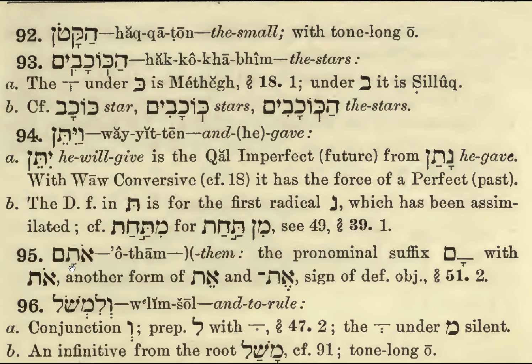Otam, o open, tam closed. It means them, the pronominal suffix am added to ot. This ot is another form of it, which we had at the very beginning. It's the pointer of a direct object, if you remember. As it says here, the sign of the definite object, or the direct object of the verb.